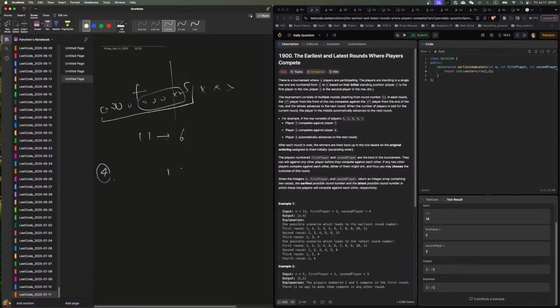Basically we have 1, 2, 3, 4, we can say 5, 6. That's one round, because initially 6 will be maintained, 5 I can win. Now we can do this. One round, that's already breached.